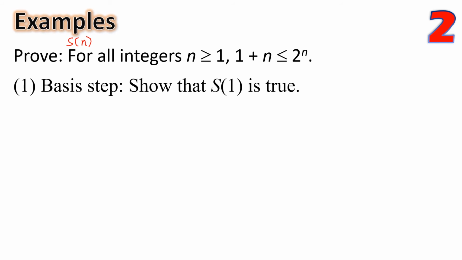Let us do that. 1 plus n, that is 1 plus 1, is less than or equal to 2 raised to 1. 1 plus 1 is 2, less than or equal to 2 raised to 1, which is 2. Hence, we say that S of 1, or the basis step, is true.